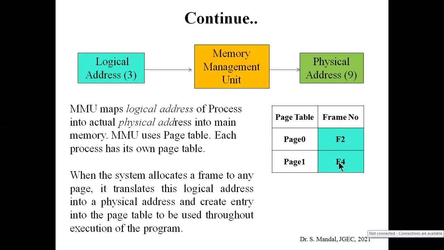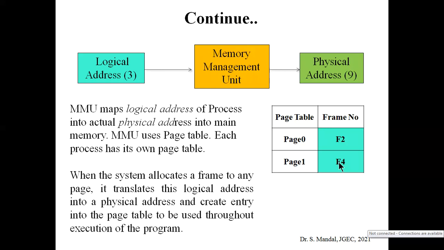Whenever we want to convert some logical address into a physical address, we need to use that page table. So the page table is nothing but the relationship between frame number and page number. In the column we put the frame number, and in the row we put the page number.